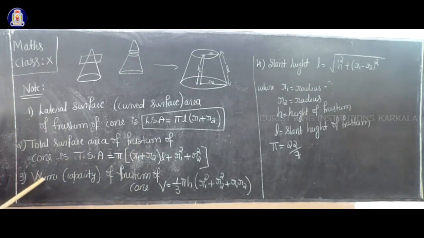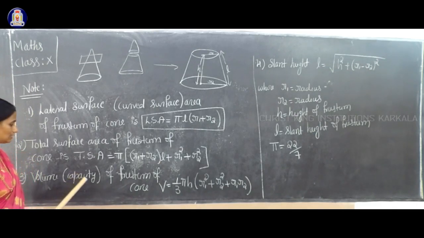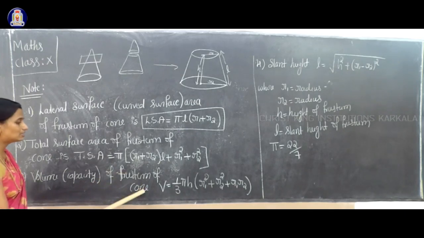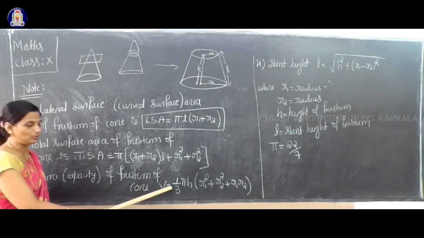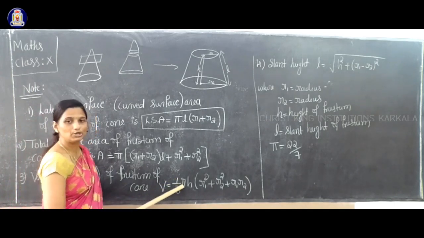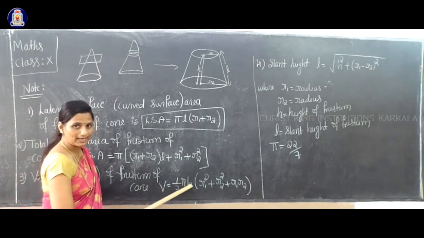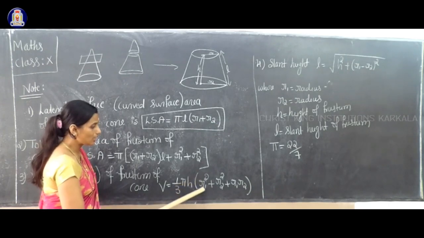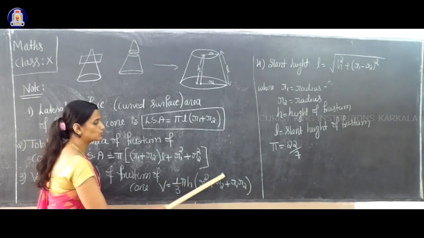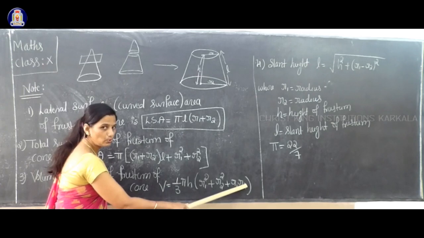Now next is volume or capacity. Volume or capacity, both are the same. Find the volume of frustum or find the capacity of the frustum, both are the same, given by V is equal to 1 by 3 into pi into H into bracket R1 square plus R2 square plus R1 into R2.